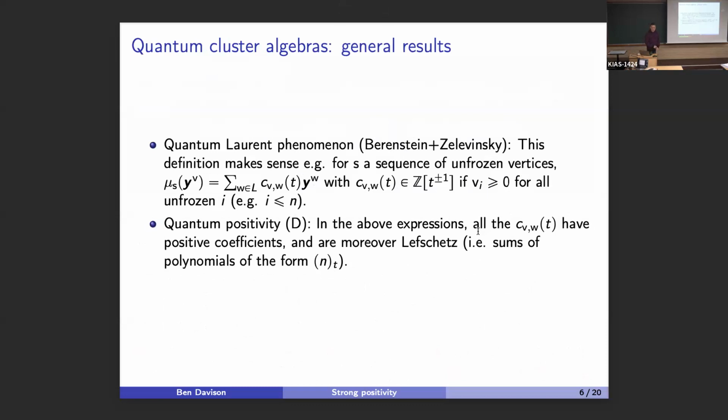Is it also either odd or even? They're also always either odd or even. So when you put those two things together, what this is saying is that these Laurent polynomials are unimodal.